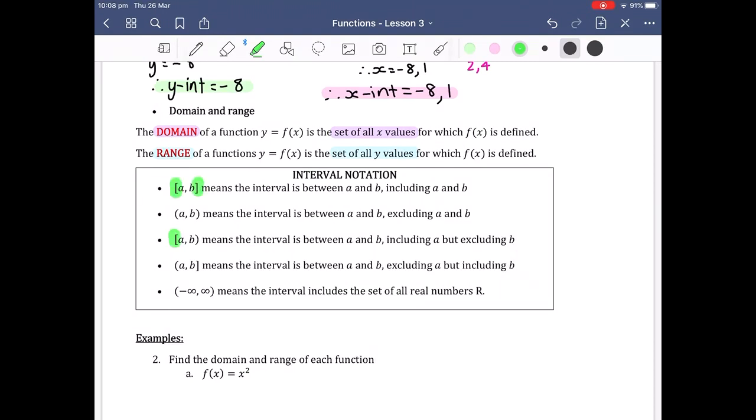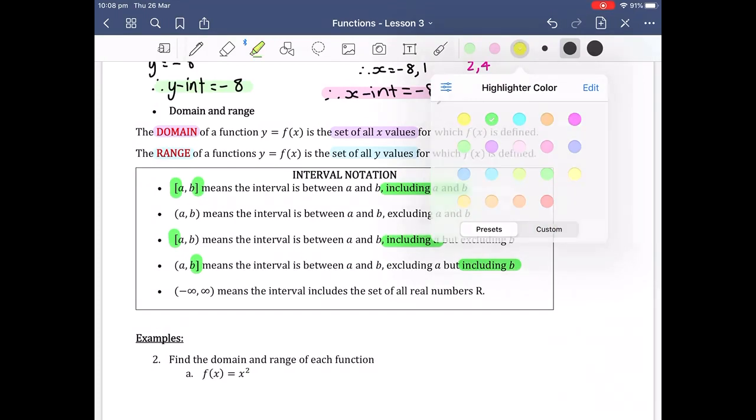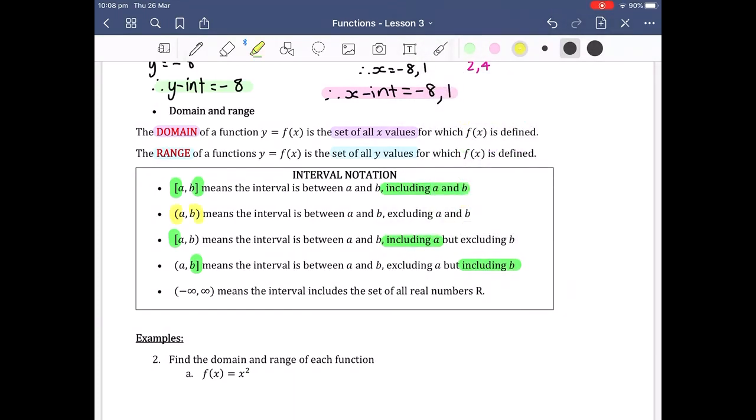When we talk about interval notation, square brackets mean including the value. However, round parenthesis type brackets mean excluding. We can relate this back to inequalities, when you think about whether a number is included or not.